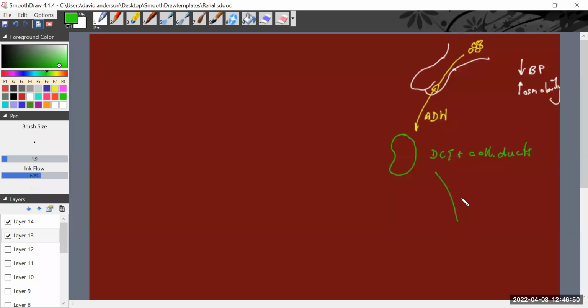And when it does that, if we looked at a duct like this, and maybe under typical situations, we've got a couple of water pores like this. So water is able to leave through those aquaporins, okay? But when we stimulate the distal convoluted tubules and the collecting ducts with ADH, we're going to get more aquaporins. We're going to upregulate. And upregulate, by definition, means more.